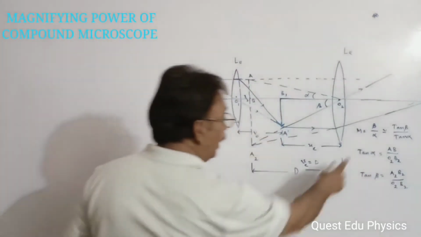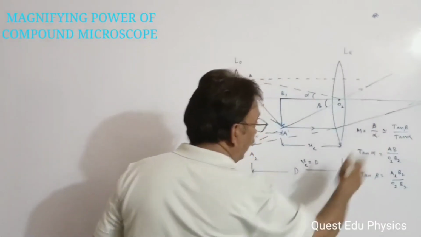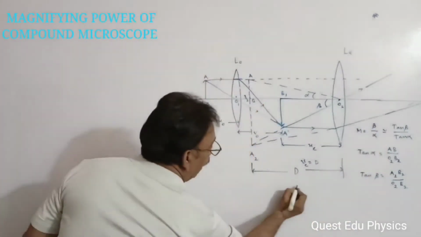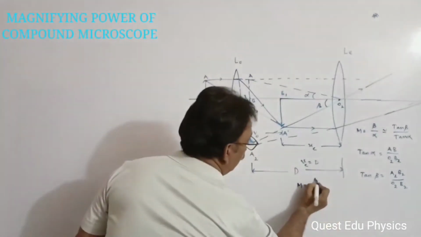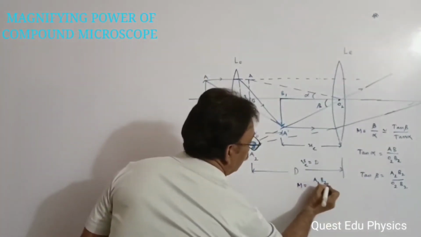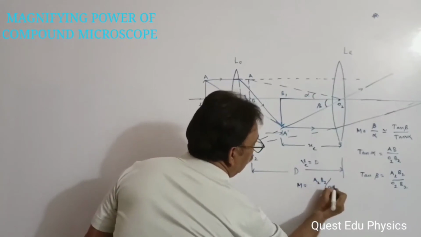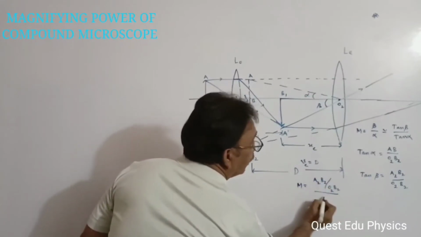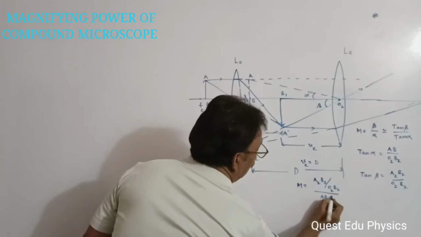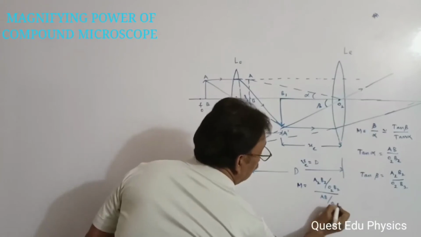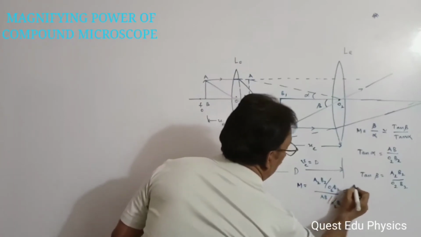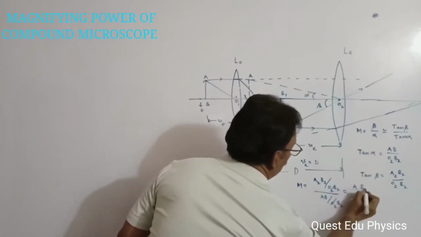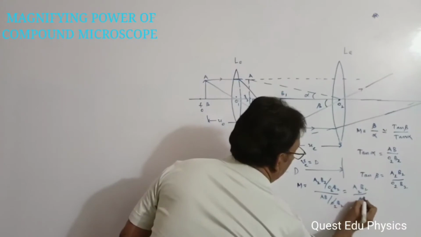According to the definition, magnifying power is equal to beta by alpha, and substituting the values, I got the magnifying power M equal to A2B2 divided by O2B2 by AB by O2B2. Here O2B2 and O2B2 get cancelled, and I got A2B2 by AB.